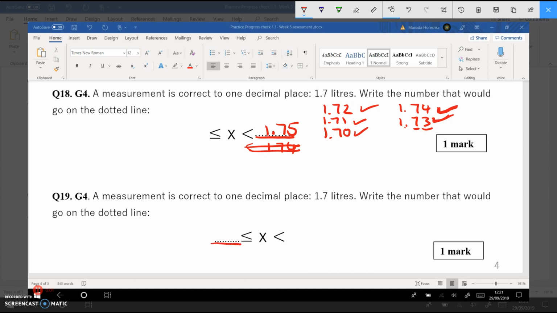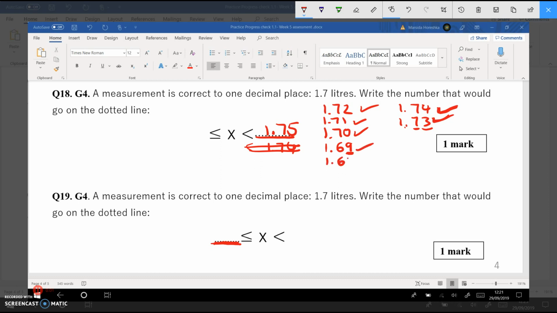So it's about placing the number on the other side. So what is the smallest number? What is the number that would go there? So if I go to 1.69, for example, that would be rounded to 1.7, because 9 tells us we round it up.